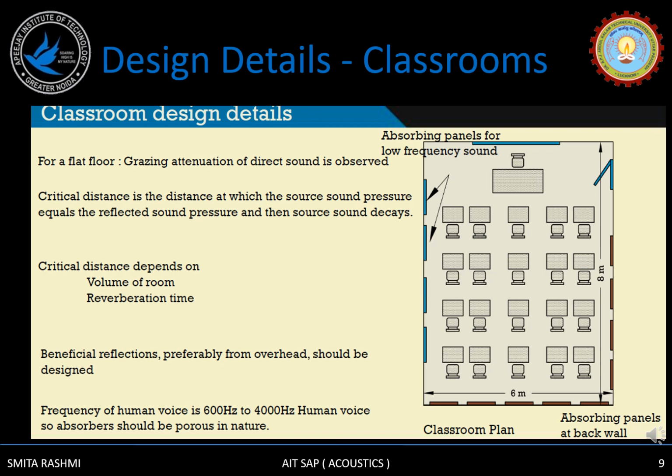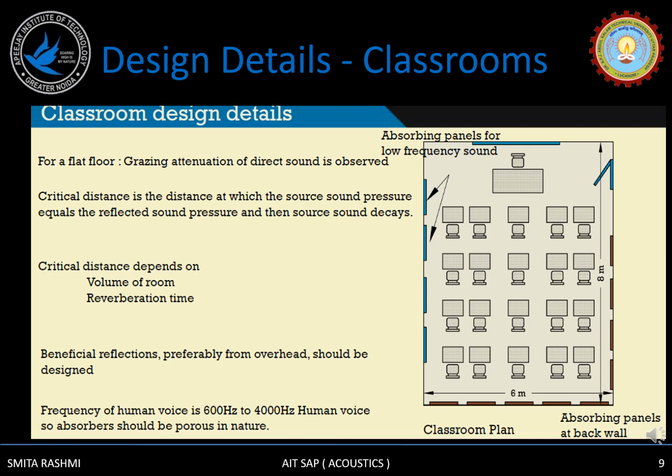Beneficial reflections, preferably from the overhead, should be designed. Why so? Because we are getting an uninterrupted surface on the ceiling. And in a classroom, on the side walls, maybe we have some kind of panels or soft boards or some door or window. So on walls we have interrupted surfaces.